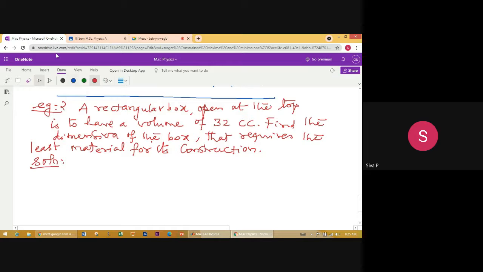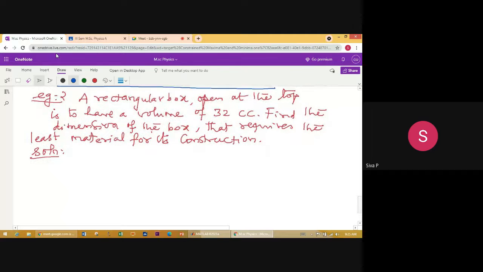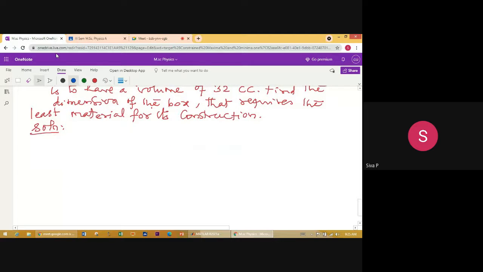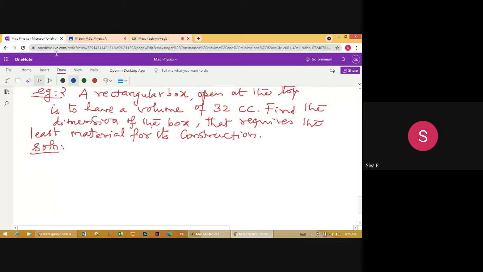Write the solution for this. So write the problem: the rectangular box open at the top is to have a volume of 32 cc.